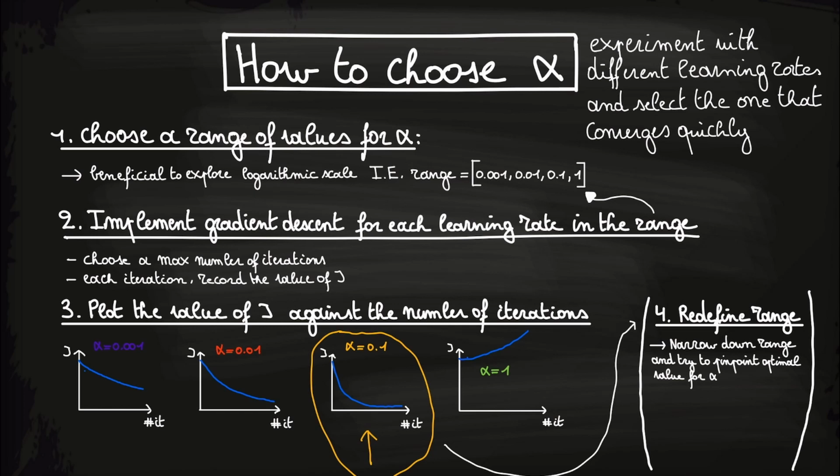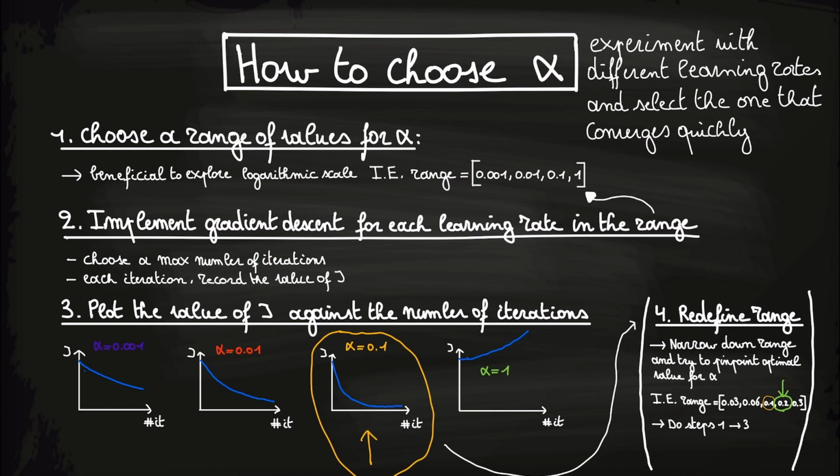For example, we can now take a range of 0.03, 0.06, 0.1, 0.2, and 0.3. If we now do steps 1 up until step 3 again, we might find that alpha equal to 0.2 gives an even better value for the learning rate. So, using this iterative process, we can try to pinpoint the optimal value of alpha for our specific problem.